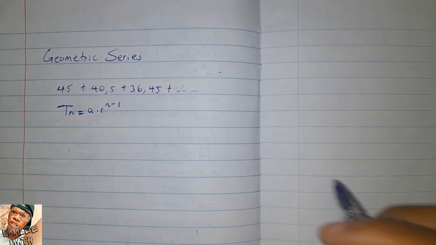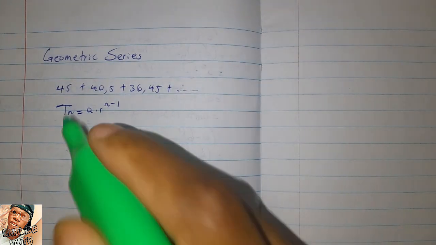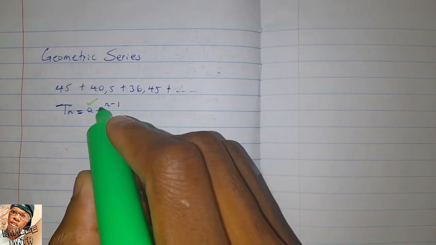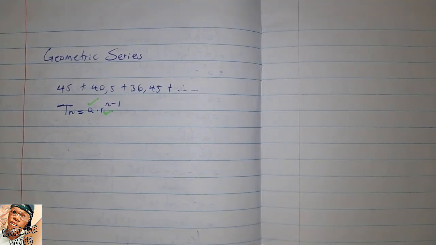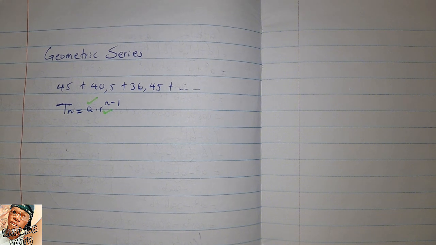In this formula, I'm going to need the value of A, and I'm also going to need the value of R. So I have to find those values in the information that I've been given. A is always the first term, and in this example the first term is 45.